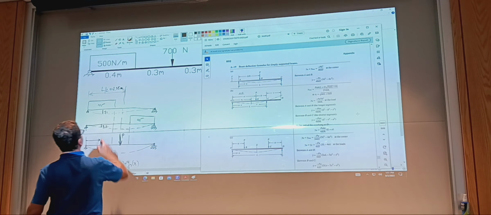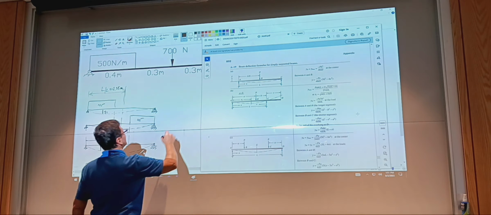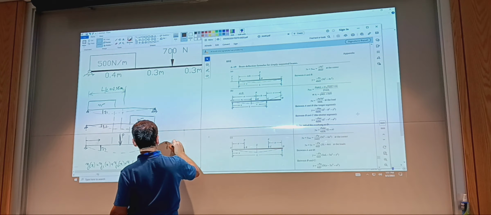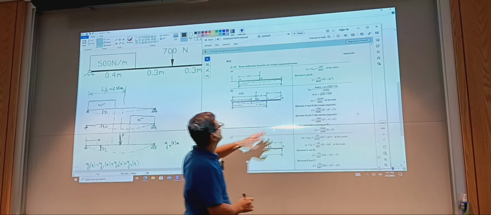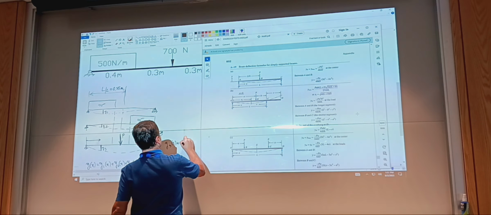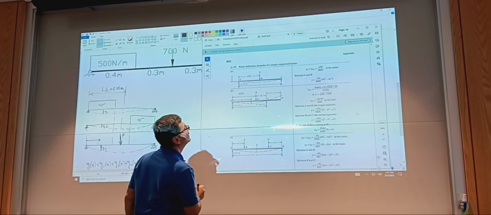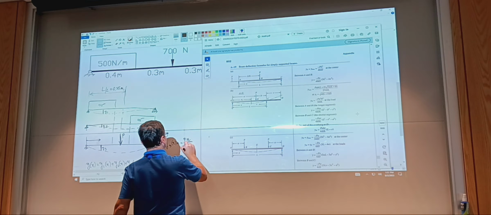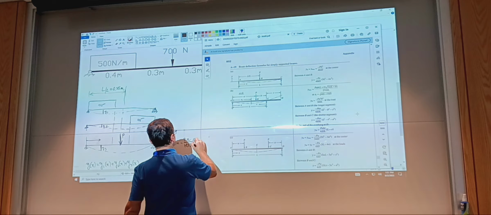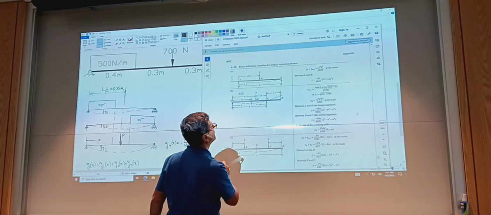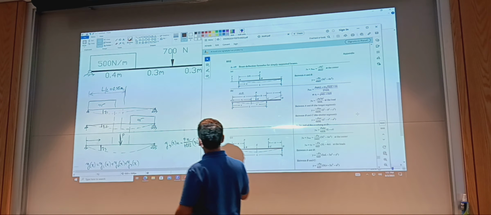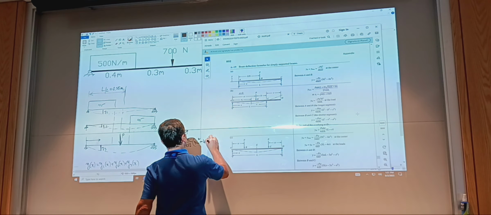And so for x, in this case, y3 of x is, and I repeat this equation from A and B, negative P times x over 48 EI, and then I have 3L squared minus 4x squared.